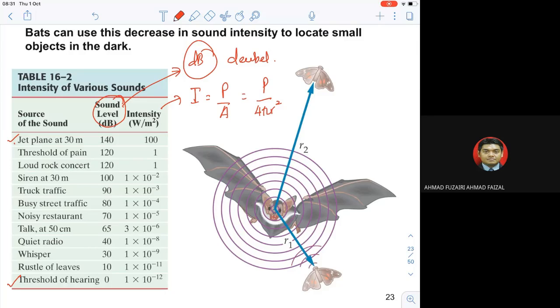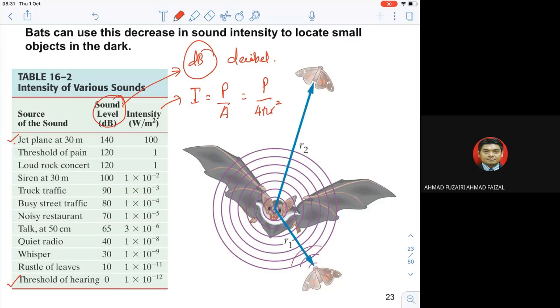Decibel. You can look at the values, look at how they present the values. From the jet plane, jet plane is a very high, very intense sound. Jet plane at 30 meters, 30 meters is maybe just slightly bigger than the administration building.